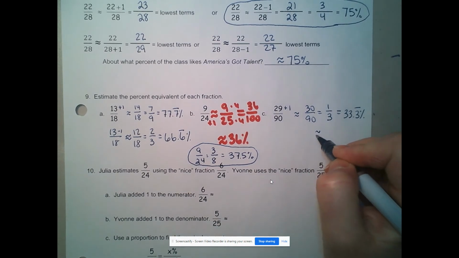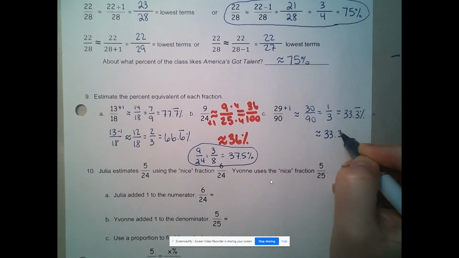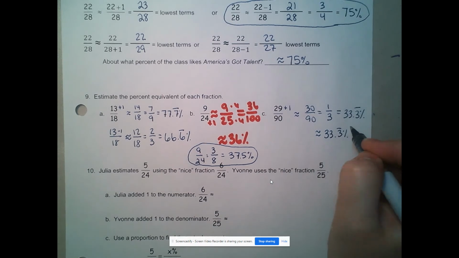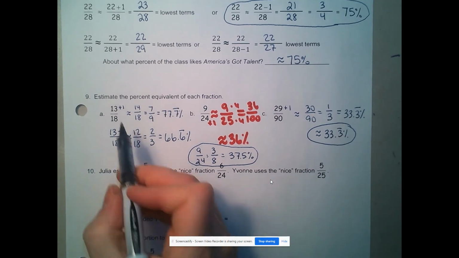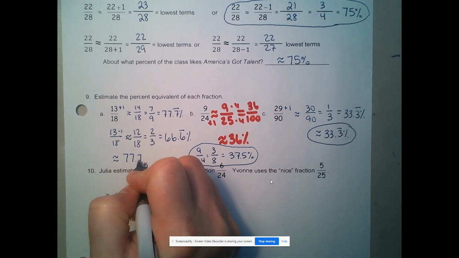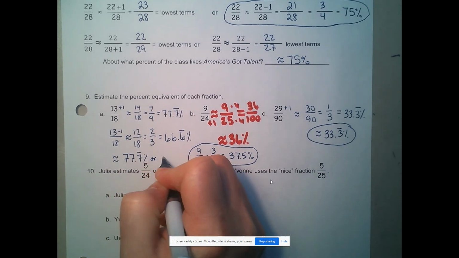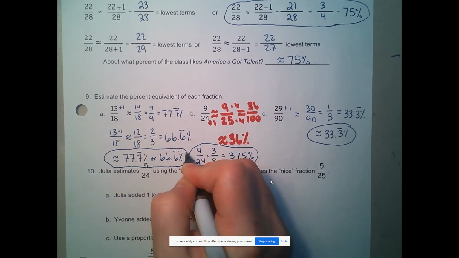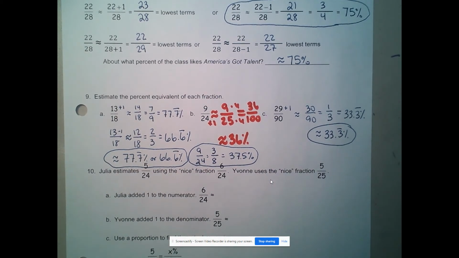So I would say, and anyone who's wondering why I'm going with approximately, because way back here, I changed the value. So my final answer is approximate. Way back here at the beginning, I changed my answer. So I could go with 77.7 repeating percent or 66.6 repeating percent. But you'll notice that that little approximately is there at the front because I had to round the original fraction to something else.